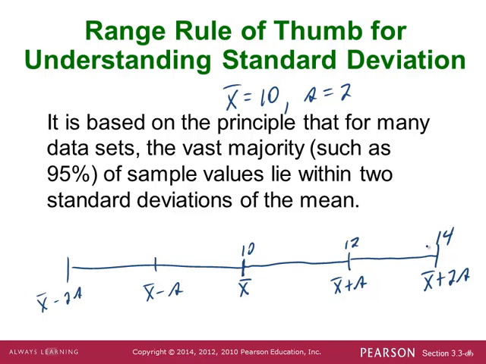Going to the left, we subtract 1 standard deviation, then another. Now for the data set that produced this mean and standard deviation, about 95% of the numbers we would expect to fall between 6 and 14.